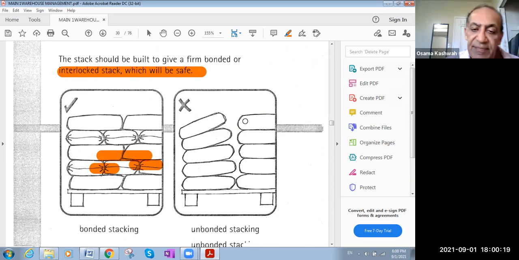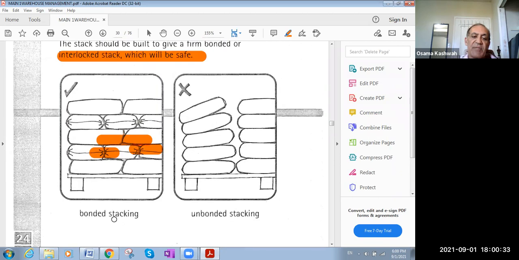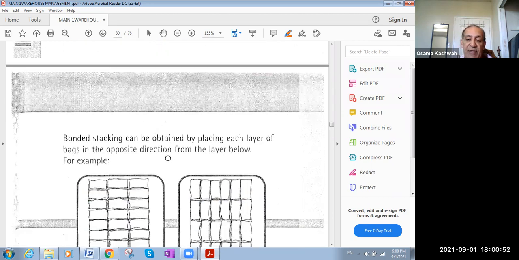But when they are separate, without something to hold them together on the next layer, like this one, it might bend and fall. So it must be bonded. Bonded means the upper level is controlling the lower. Each stack in this level is above 2 stacks on the previous level. That is how it works.